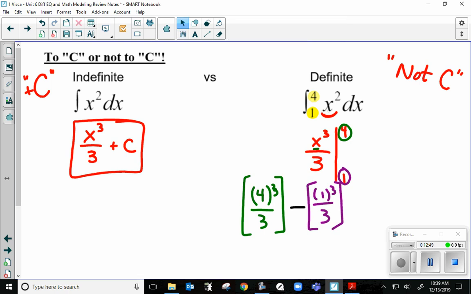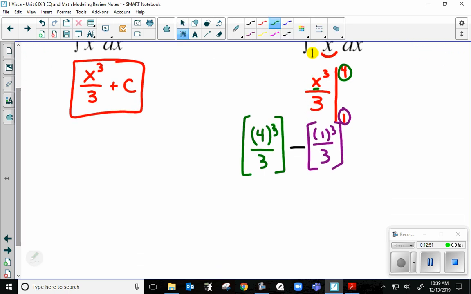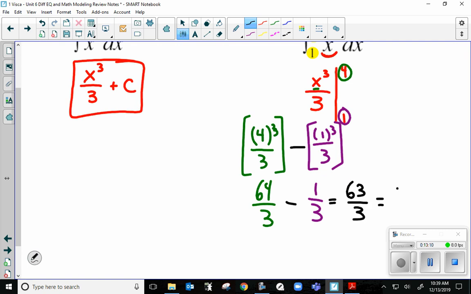And if I do my math right, that's 64 over 3 minus 1 over 3. That gives us a total of 63 over 3. You better not leave that like that, because 3 goes into 63 perfectly 21 times.